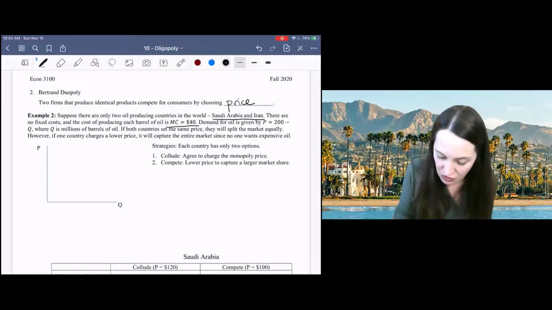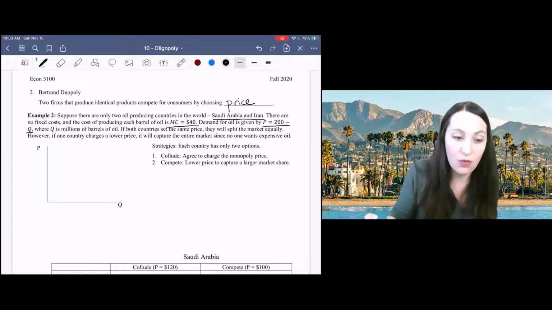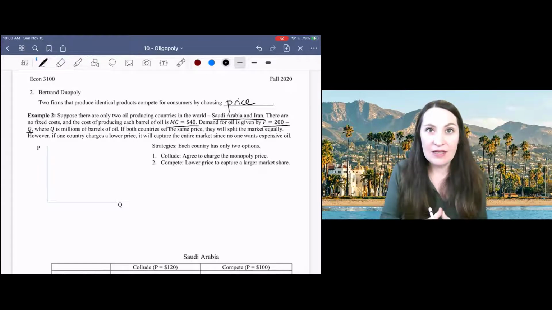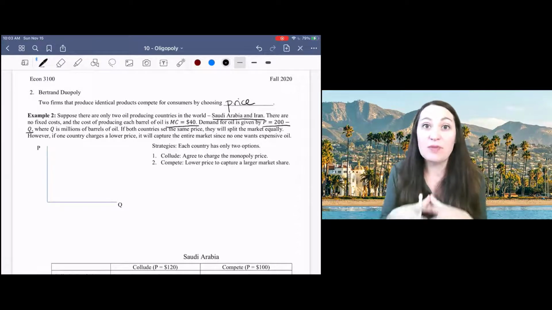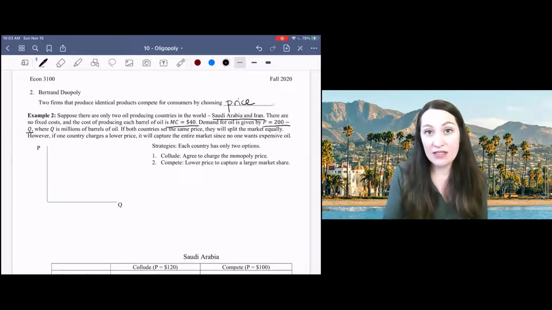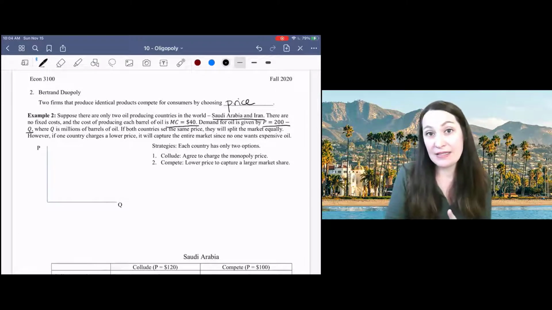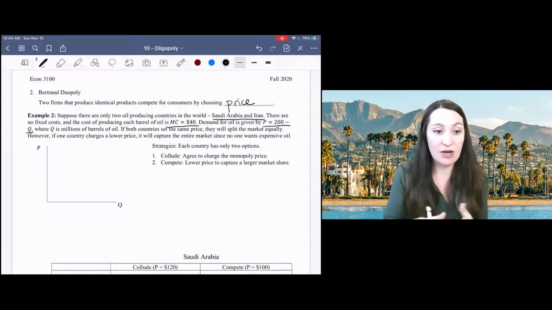And then we have some total world demand for oil, P equals 200 minus Q. And each country will choose the price at which they sell oil. So that's the strategy. The strategy is to choose price, which will simplify into a binary choice, but really is a continuous choice, as we'll talk about in a little bit.